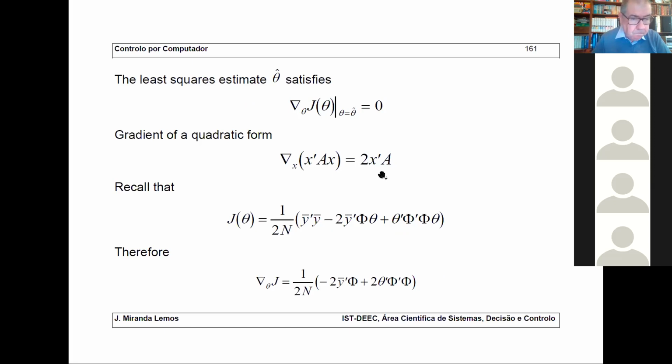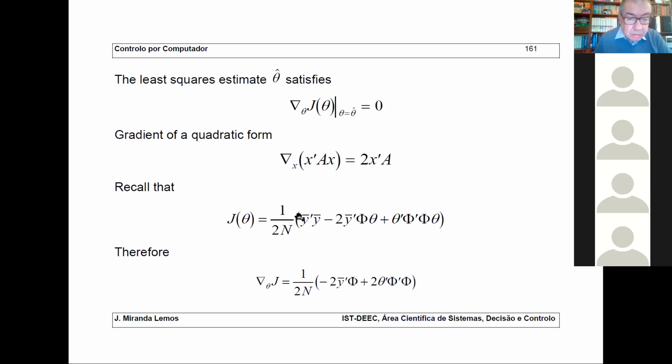Now, you apply the gradient to J with respect to theta. What happens? Well, this is a constant, so the gradient of something times the constant is the constant times the gradient. Okay. Gradient, remember, is a vector of derivatives.